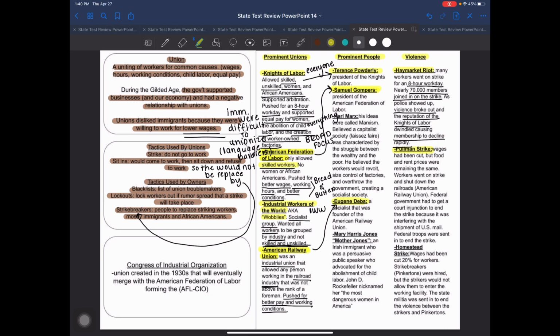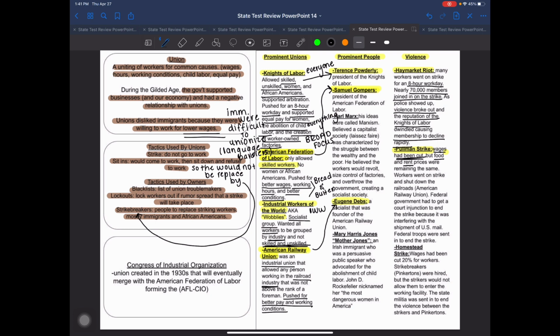Something that happens is he cuts wages. So let me get my pen here. He cuts wages for his workers, okay? So just to be honest, that's going to make anybody mad when you cut how much money they make. But food and rent that he also controls the price of in Pullman, Illinois, those prices did not change.